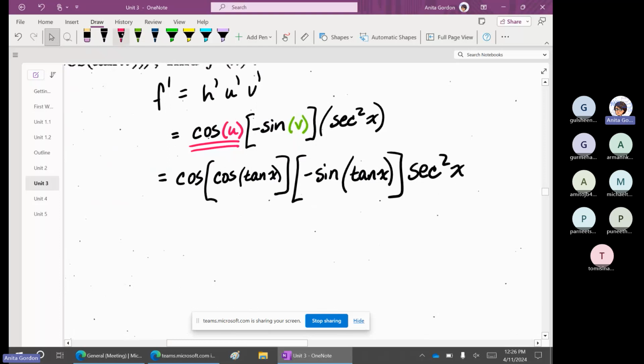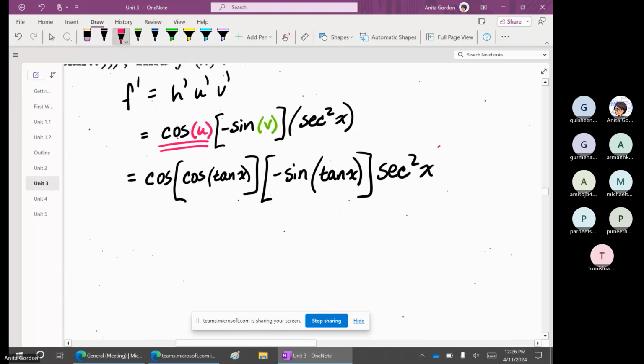What is secant? Yeah, secant is 1 over, so this is 1 over cos squared X. And I don't have a cos X. Right? This is cos of blah, blah, blah. So I can't cancel out, but I could write it as a fraction.